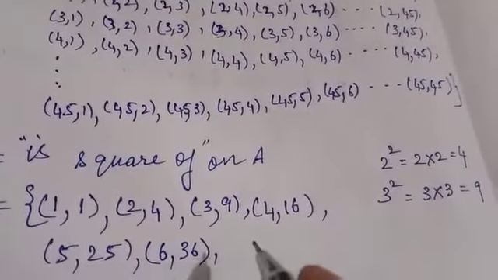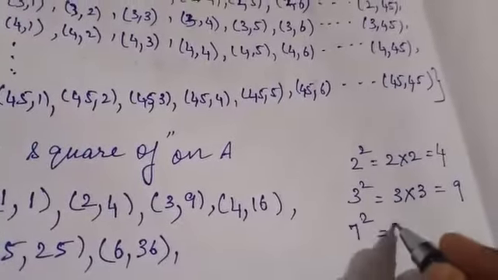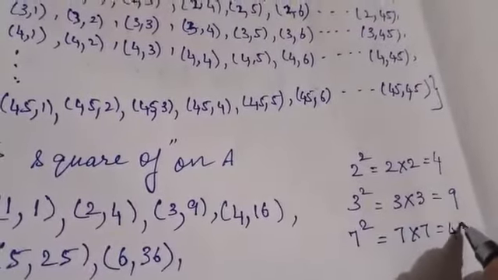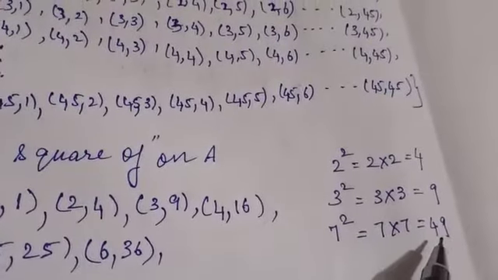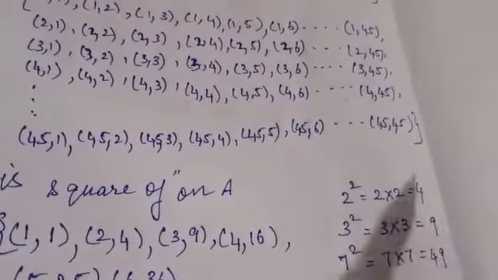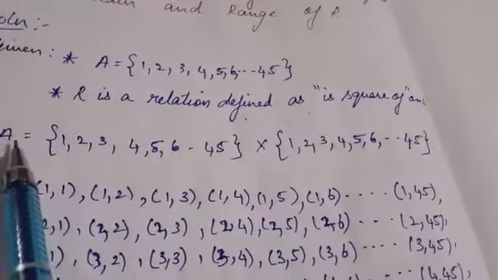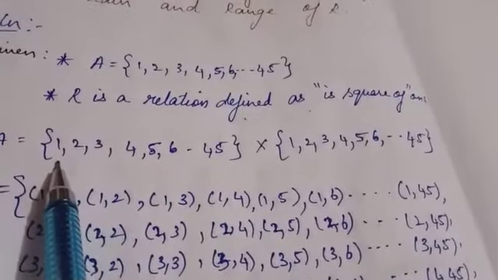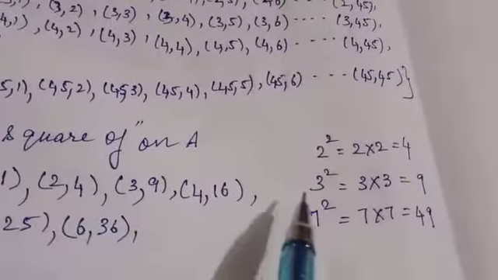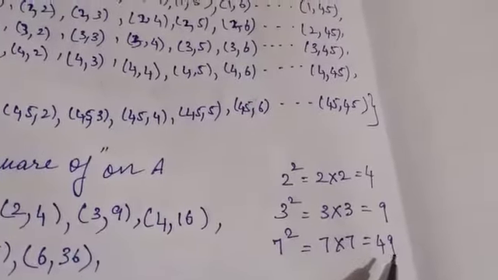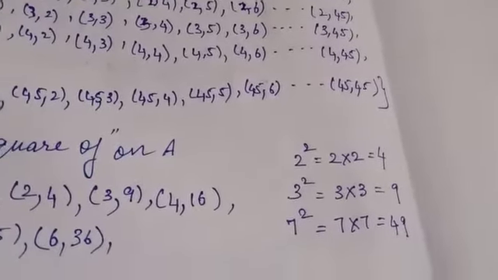So what is the next element after 6? 7, right? That is 7 square, and 7 sevens are 49. If we take the element 7, the square of 7 is 49, which is greater than 45. Our set A starts from 1 and goes on up to 45.